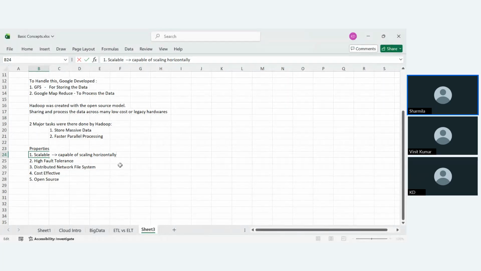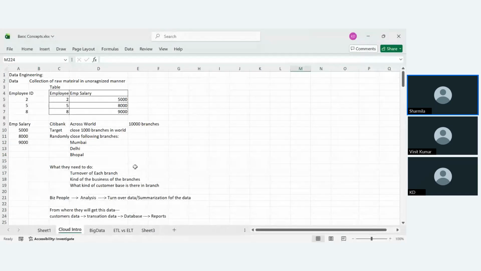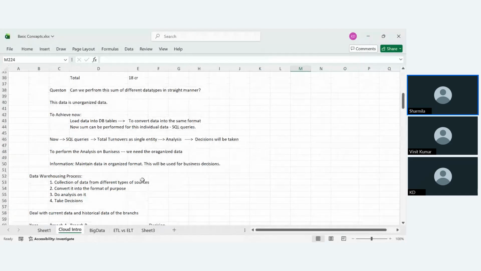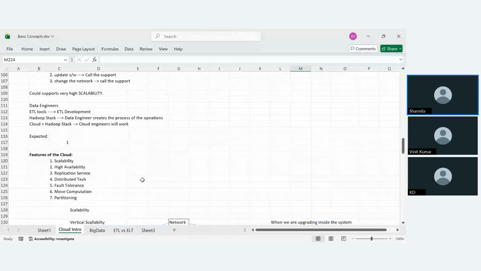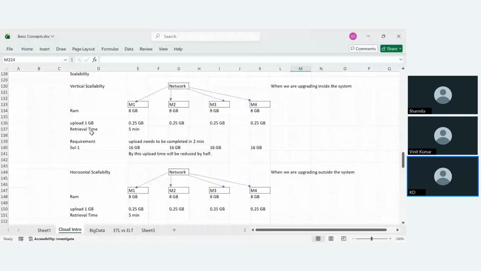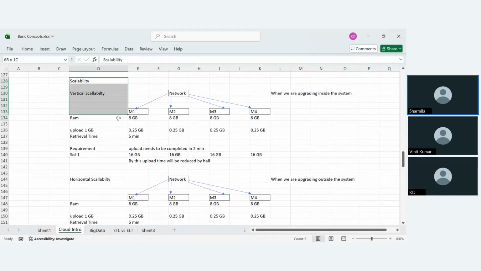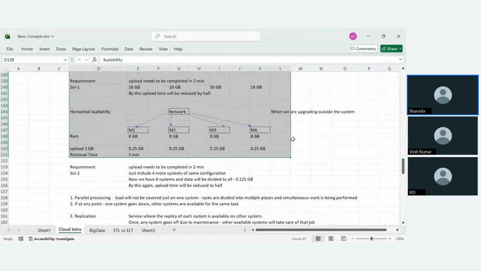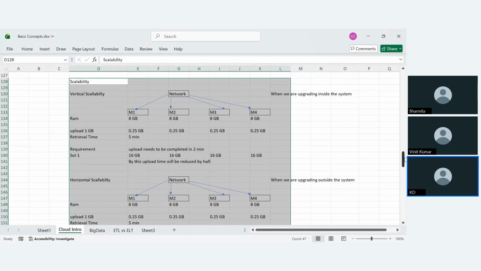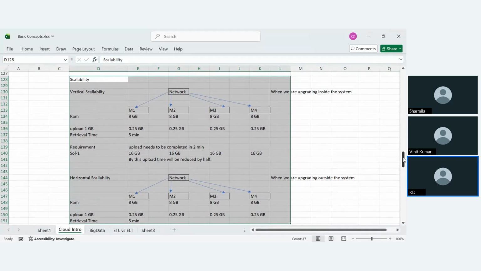Do you remember this? Yes, yes. So what was the horizontal scaling?